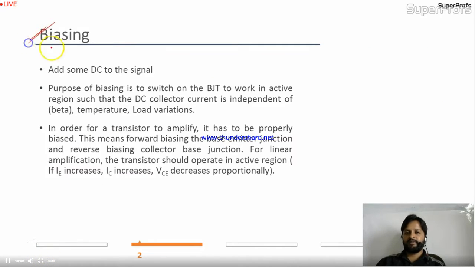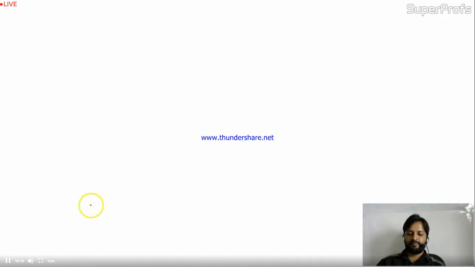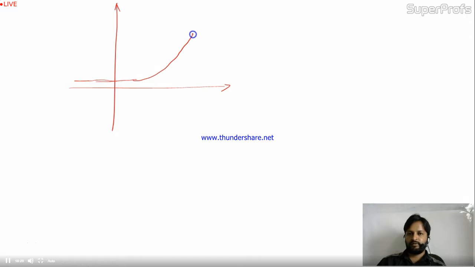Now we'll come to the biasing, and before biasing let me tell you one thing. It's related to amplification. Okay friends, suppose you have the output characteristics of some device. Let's take the BJT itself, or let's take a diode. This is the current in the diode, this is the VD across the diode.